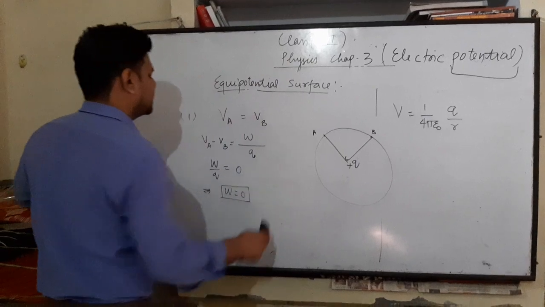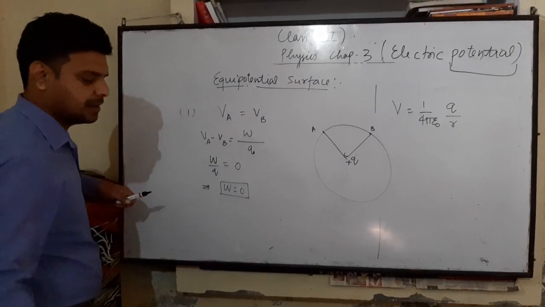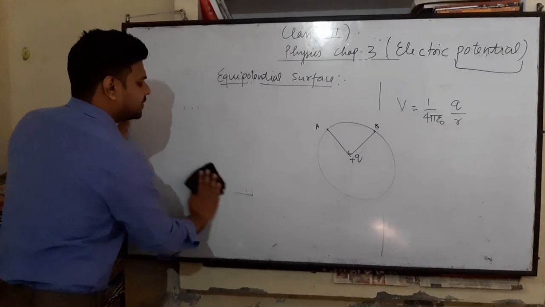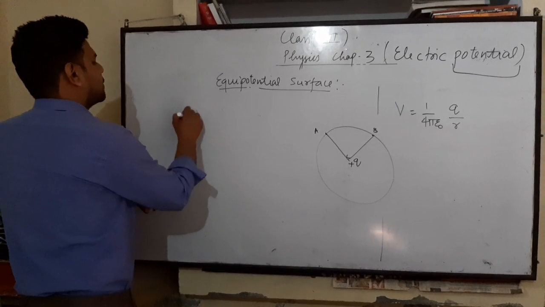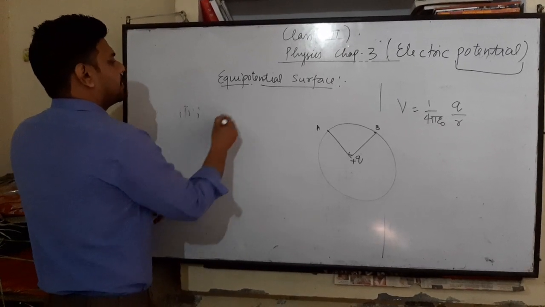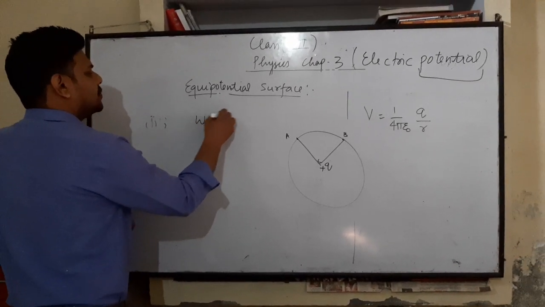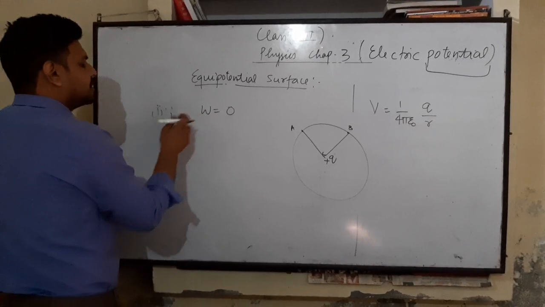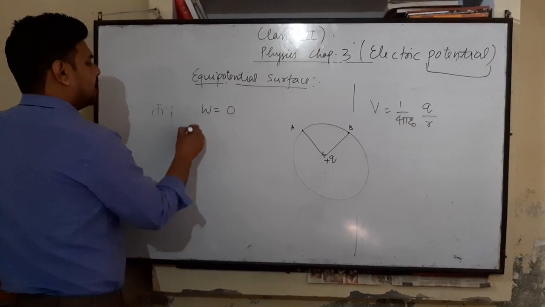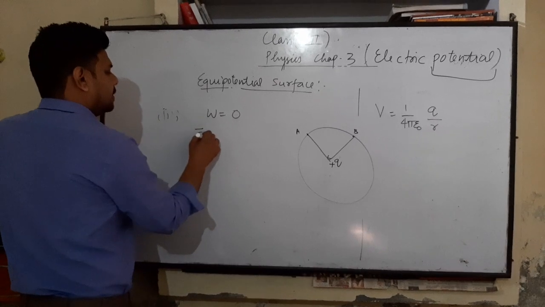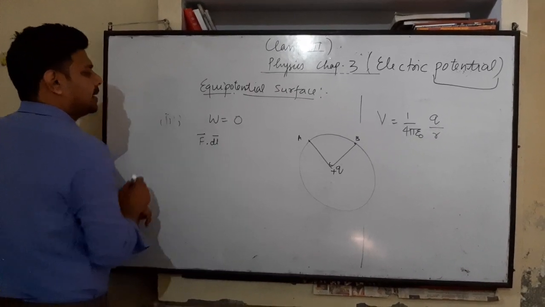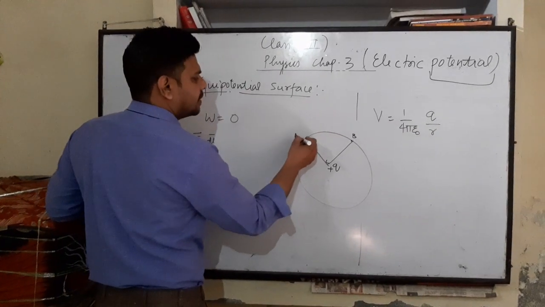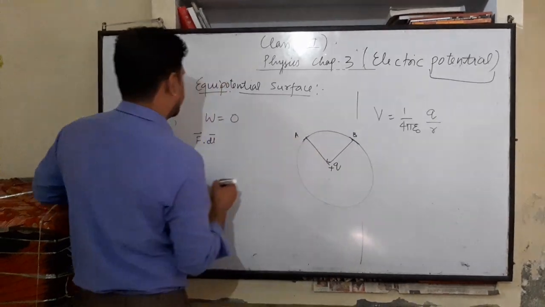Now, the next result. For an equipotential surface, we know W is equal to 0. And W is equal to F dot dl, where dl is a small length over the equipotential surface.